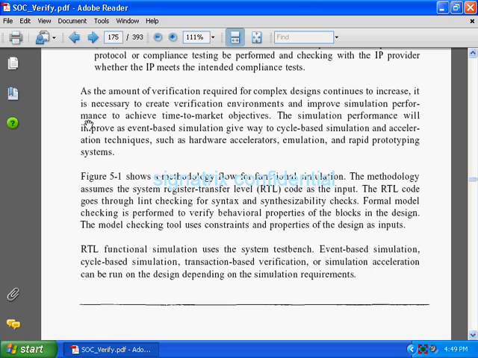The simulation performance will improve as event based simulation gives way to cycle based simulation and acceleration techniques. So how to increase the simulation performance? One is to go with cycle based simulators. Another is to go with hardware accelerators, or emulators, or rapid prototyping. These all are the things by which you can improve the simulation speed.